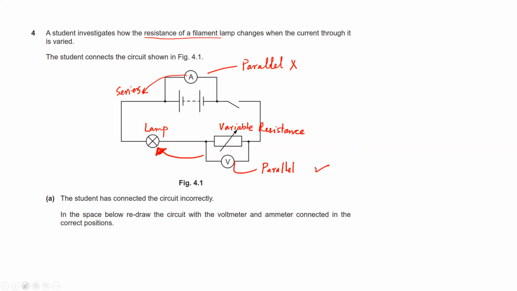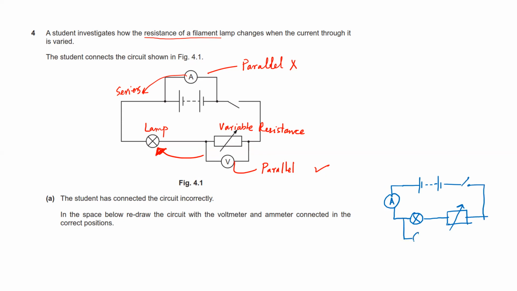So I'm redrawing it in blue here. This is my ammeter. This comes as my lamp. This comes as my variable resistor. This as my switch.